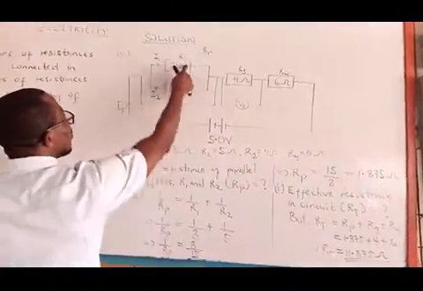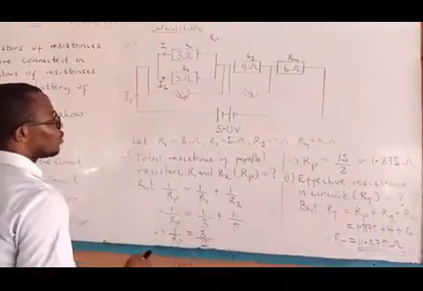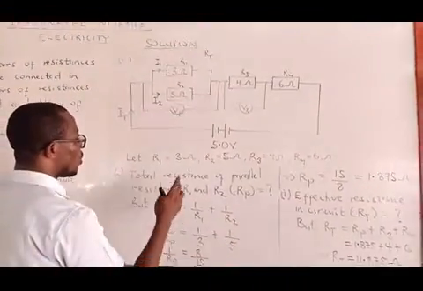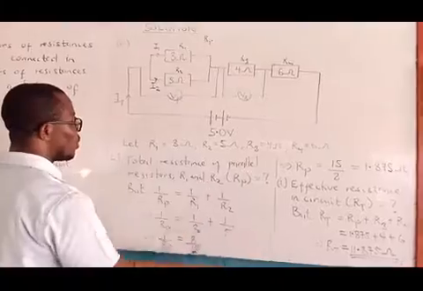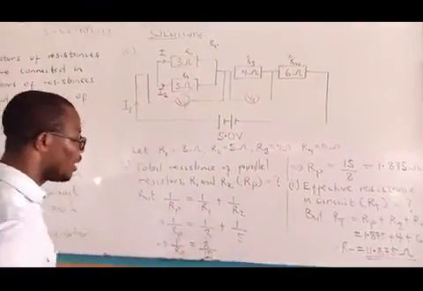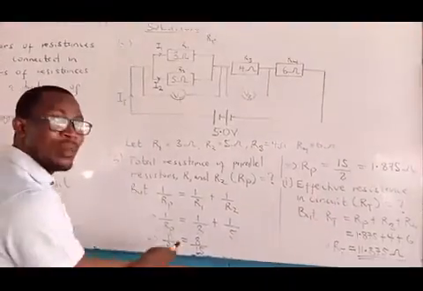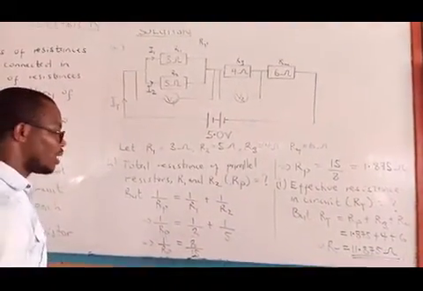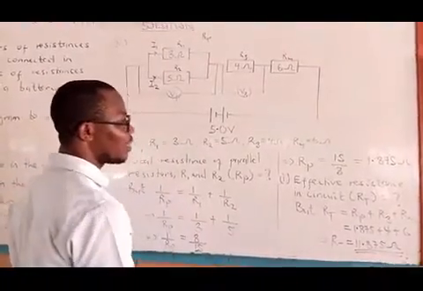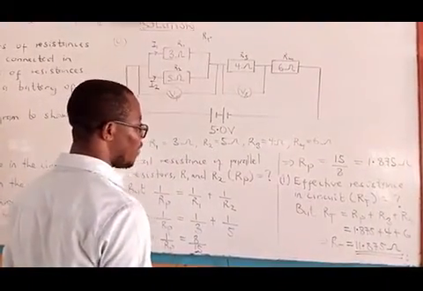Because these two are in parallel, we determine the total resistance as 1 over Rp equals 1 over R1 plus 1 over R2. You do your substitution, you get 1 over Rp equals 8 on 15. You make Rp the subject, your Rp becomes 15 on 8, which is 1.875.